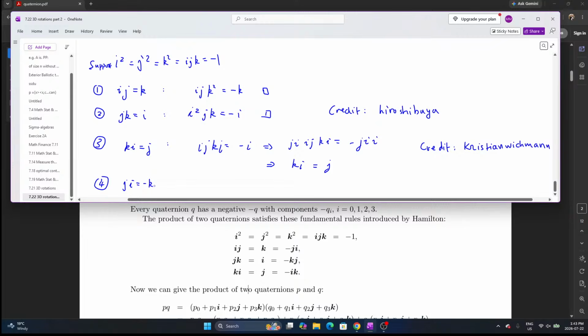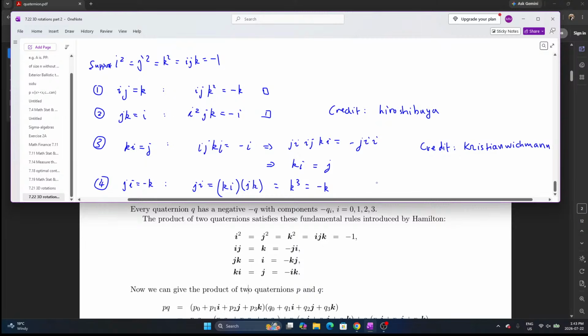Yeah, plug in the first two equations into the third. Good call. So now you have them individually. So j is ki, and i is jk. So ij is k, just k cubed, which is minus k. And we're done.